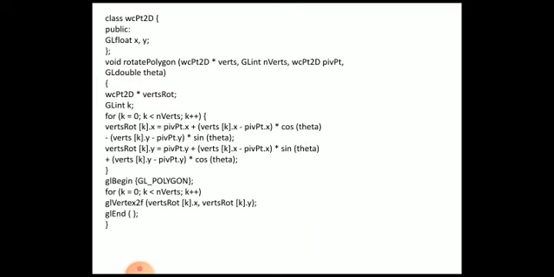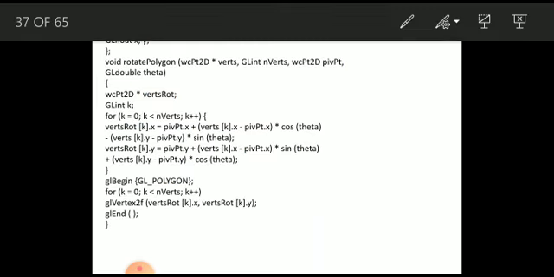In that case, x dash is equal to xr plus x minus xr into cos theta minus y minus yr into sin theta. Similarly, y dash is equal to yr plus x minus xr sin theta plus y minus yr cos theta.